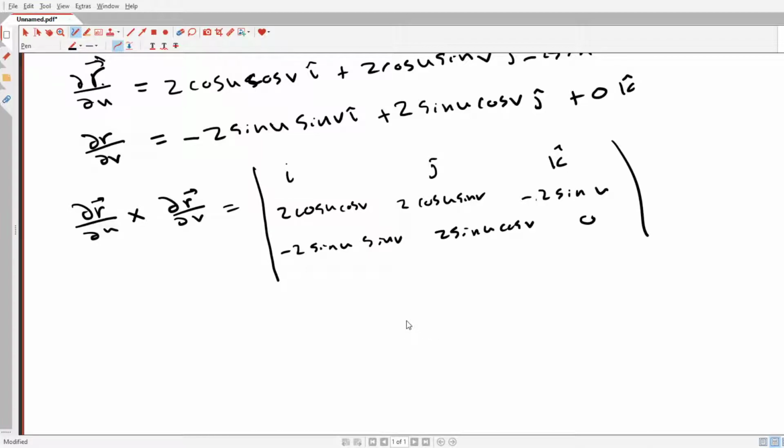Okay, so I do this cross product. Crossing out the i column, I get 0 plus 4 sine squared u cosine v in the i direction.